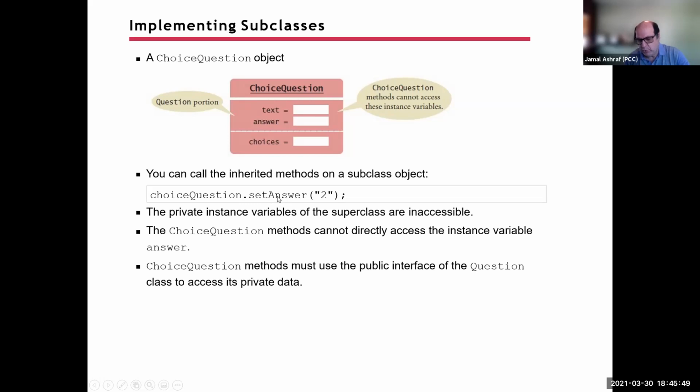That way I don't have to recreate another one for my sub. This is the most common thing that we do. I want to do the set answer in the sub, it's multiple choice, so it is 1, 2, 3, 4, or A, B, C, D, or however you're going to do it. If it's a number, I don't need to create one for the number. I already have one that's accepting a string. All I have to do is take the number, change it to a string, and use the same method.